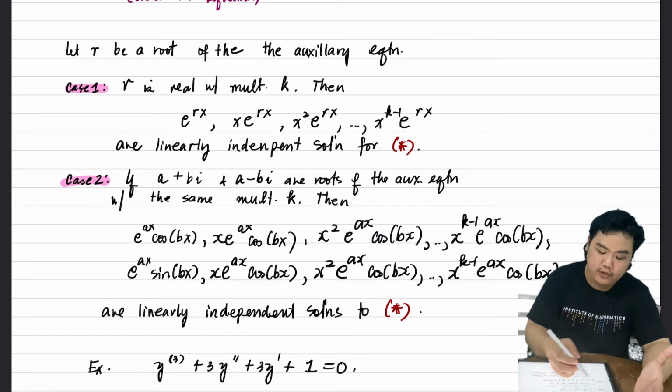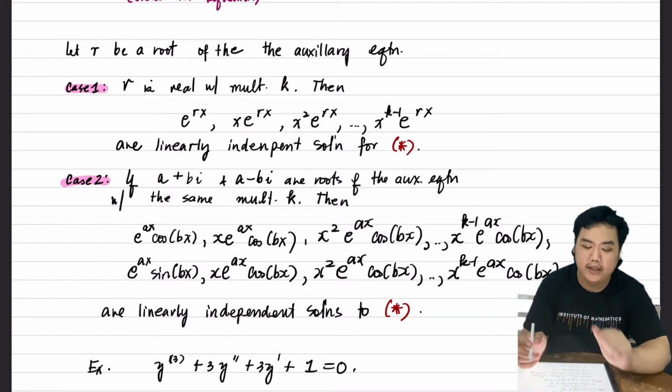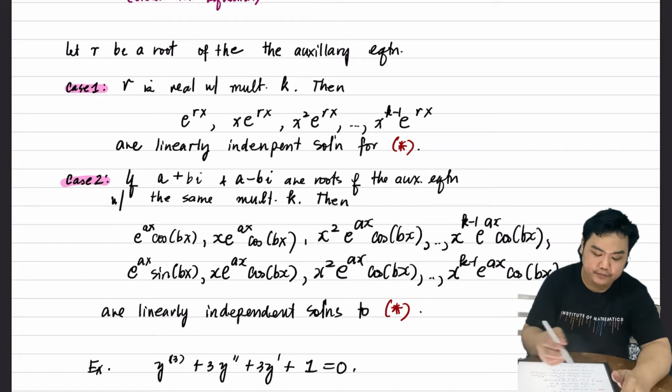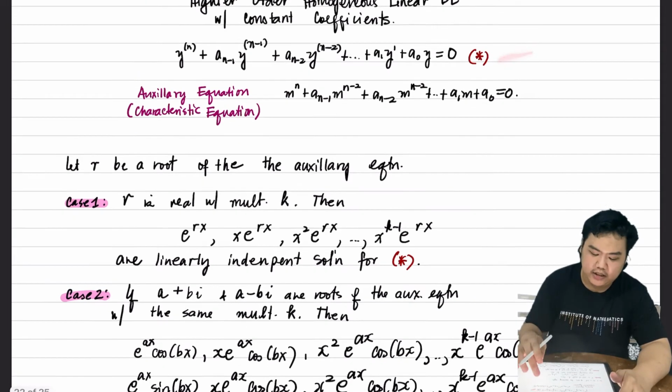So you have case 1. We only have 2 cases. And the first one is this. If r is real with multiplicity k, then etong mga bagay na yan, ilan sila? k sila, are linearly independent solutions for your differential equation star.